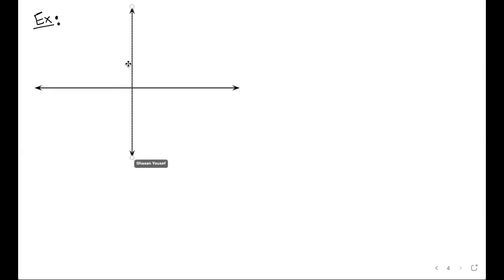It looks like this. I have a curve. So the graph is like this.